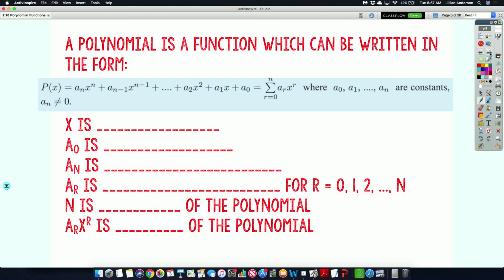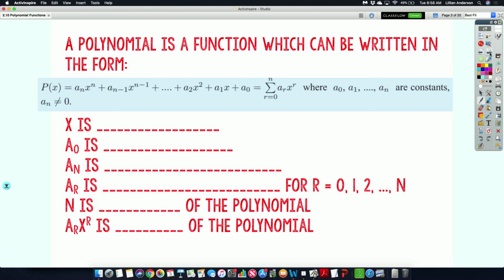What you see in that blue box is that general form: a sub n x to the n plus a sub n minus 1 x to the n minus 1, and so on and so forth until you get to a sub 2 x squared plus a sub 1 x plus a sub 0.